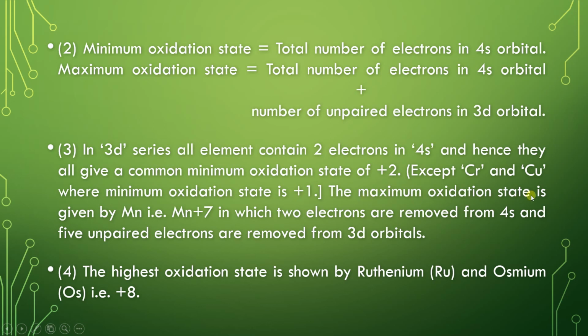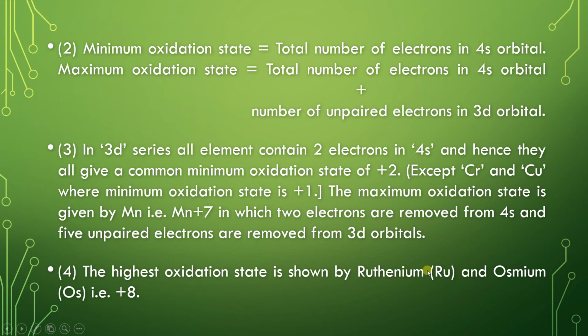The maximum oxidation state is given by manganese, that is manganese +7, because 2 electrons are removed from 4s and 5 unpaired electrons are removed from 3d orbitals. 5 plus 2, that is 7. Next, the highest oxidation state is shown by ruthenium and osmium, that is +8.